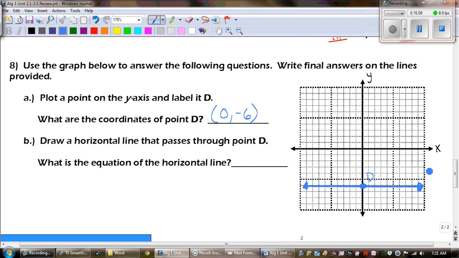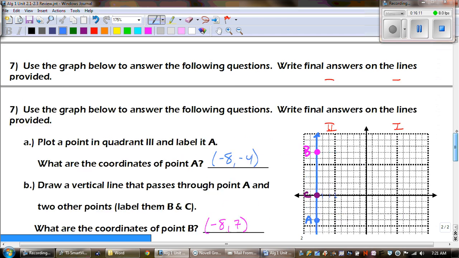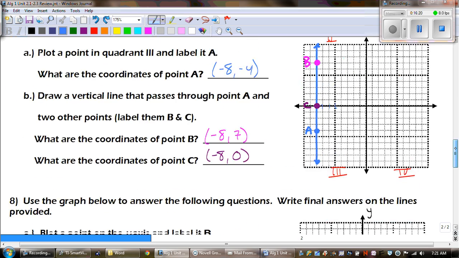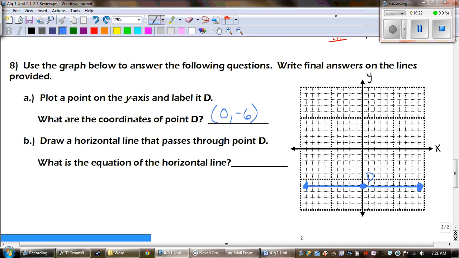Well, if we look on our other side real quick, that horizontal line just had y equals. So I'm going to do the exact same thing over here. It's going to be y equals whatever that value is. Well, that y value was -6, so that means that my equation is y equals -6.